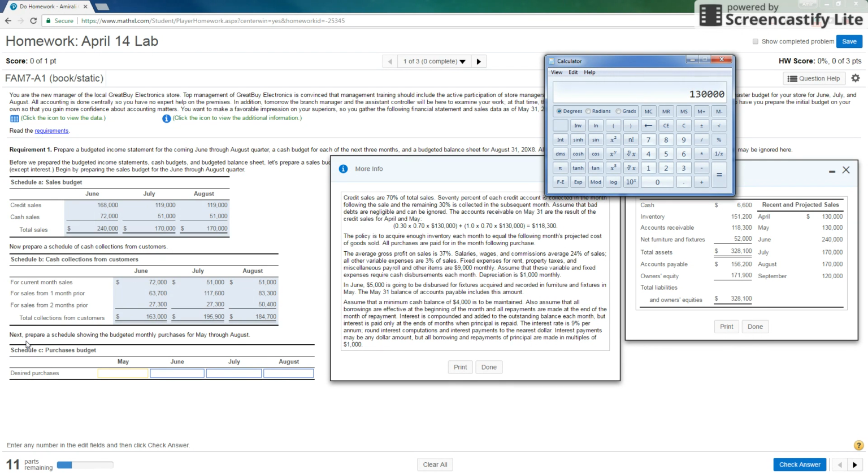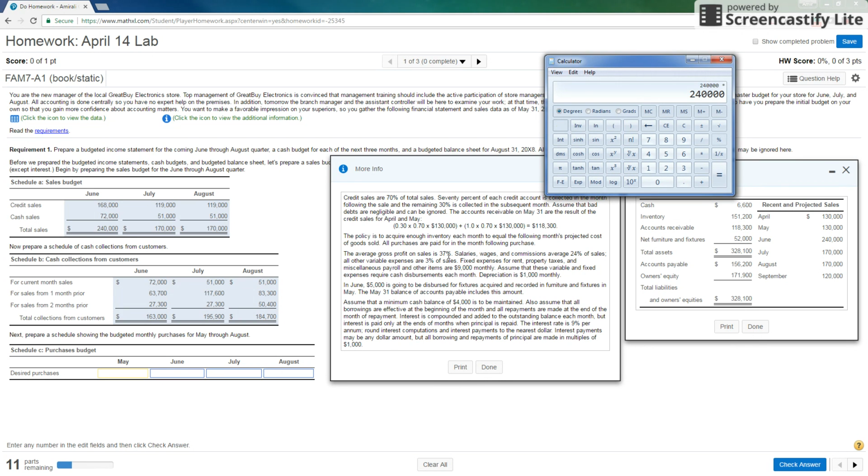So the purchase that you are making on May is for the June inventory. So for June inventory, you are just paying for the cost of the goods of that projected months. So it's $240,000. And the question says the gross profit of the sale is 37%.